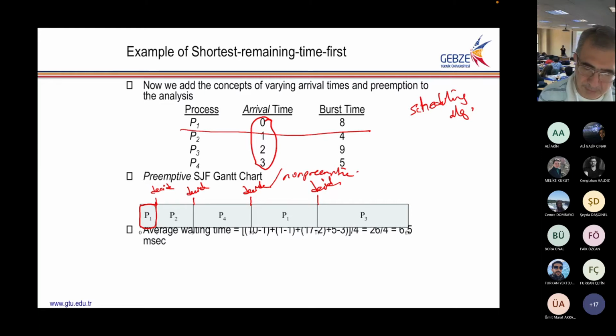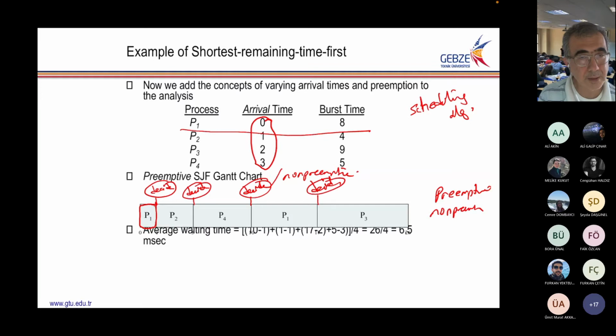So it can be preemptive or non-preemptive. When these decisions are done after one task completes, that is non-preemptive. When those decisions are performed when another task arrives, it can be preemptive.